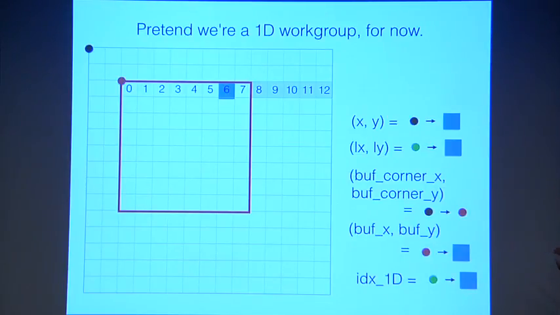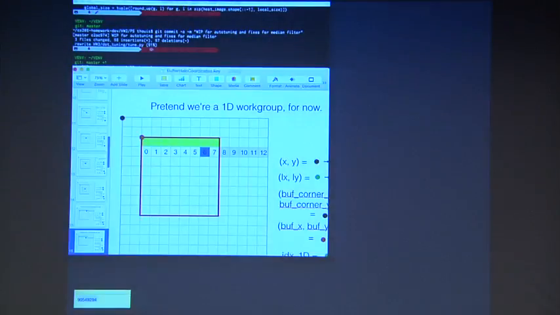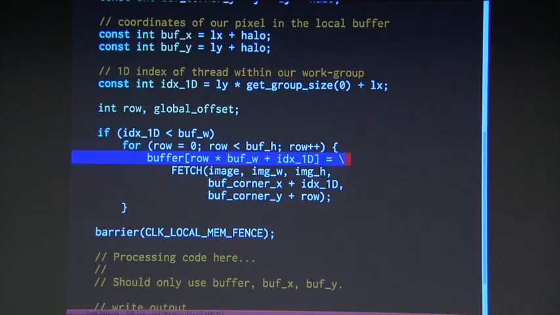We're going to have each thread, based on its 1D index, load a column, or load a row, and it's going to loop through here. And then getting back to why we need the buffer corner, this is why.